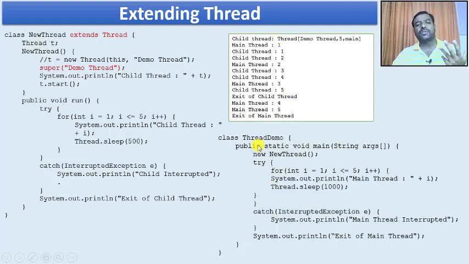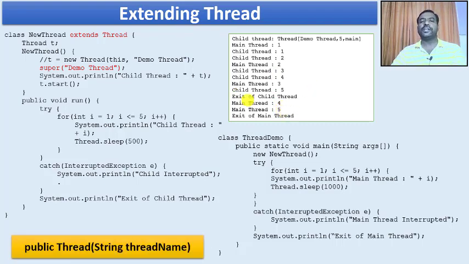Or if the system works on priority, the output can change. Hence, this is one possible output that we can roughly figure out from this program. But if I execute the same program again on the same system, I may end up with a different output because of the way threads work in your system. Clear? This is an example of how we extend the thread.